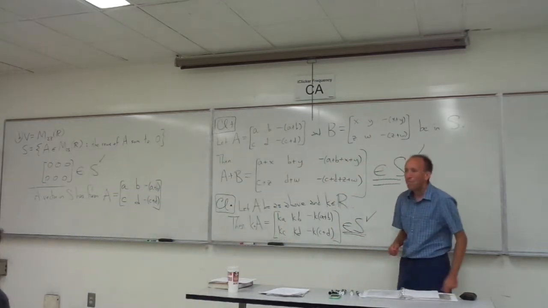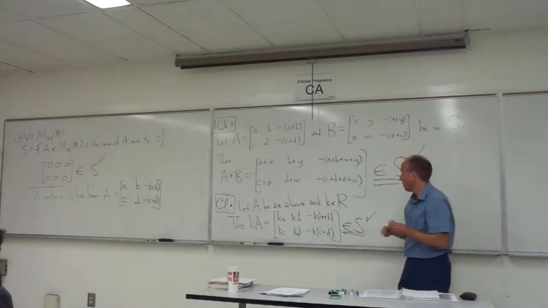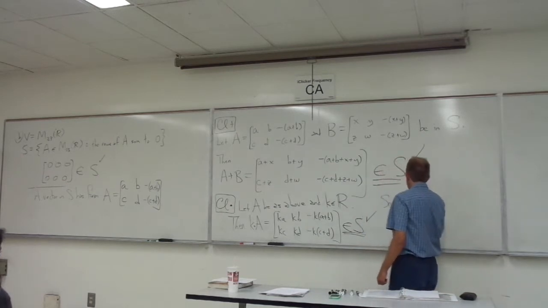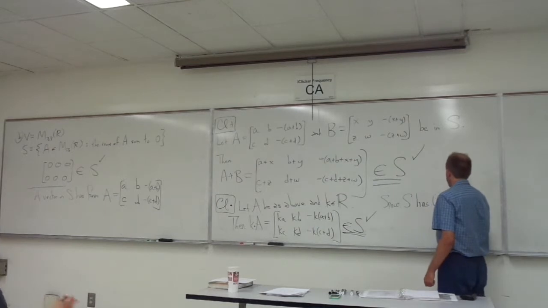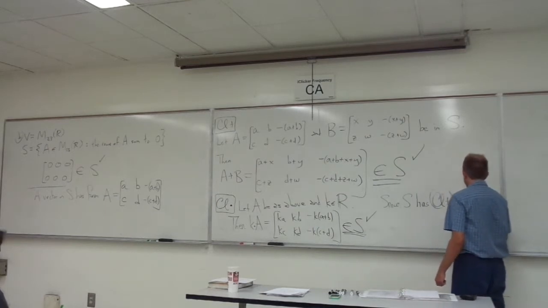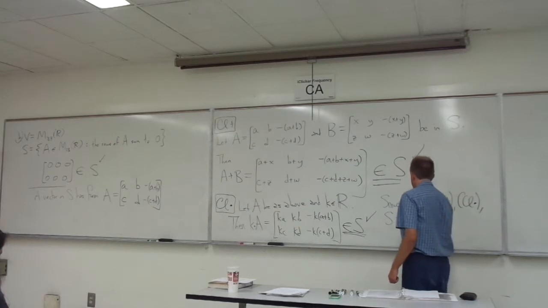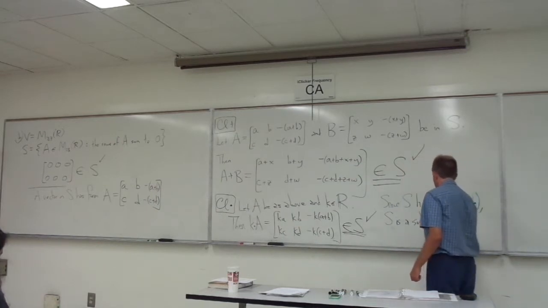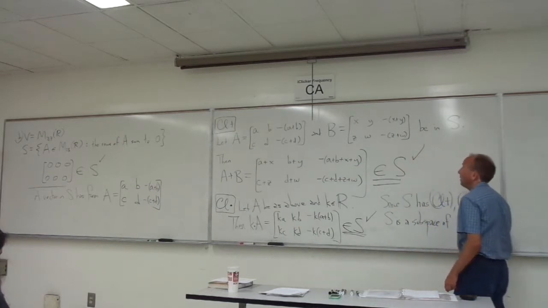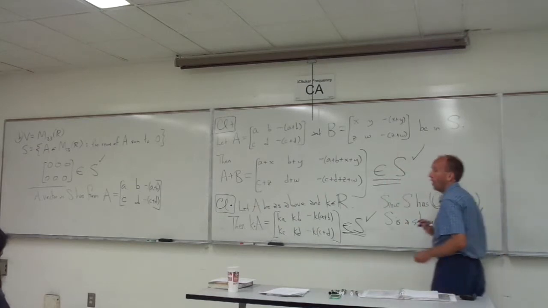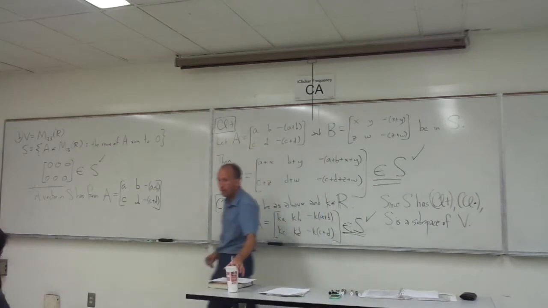Or at the very least, you should write out the words. So you could say, therefore, since S has closure under addition and closure under scalar multiplication, S is a subspace of V. V is M2,3 of R.